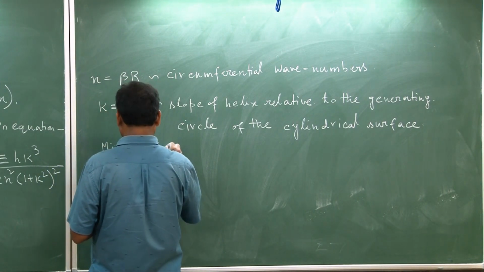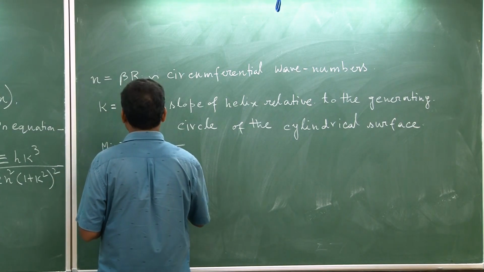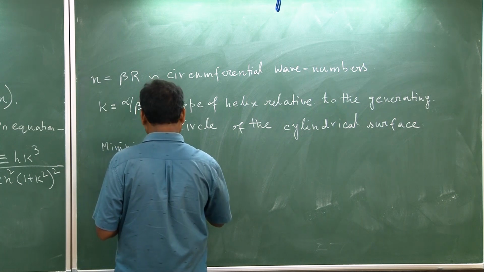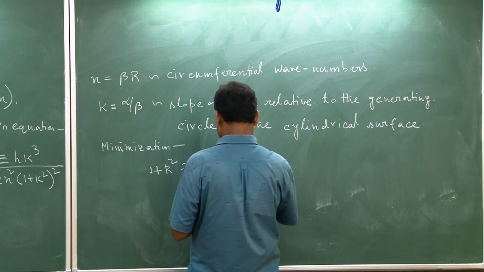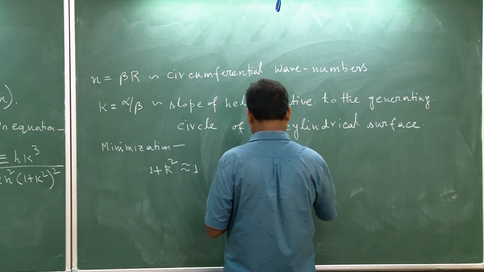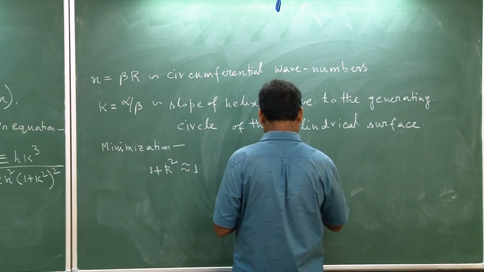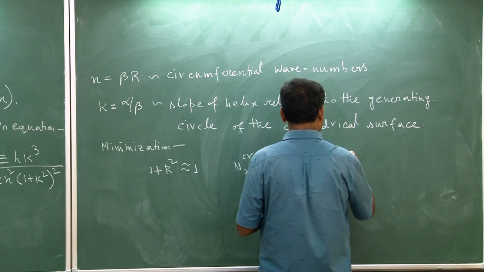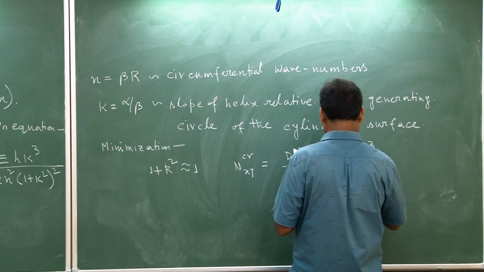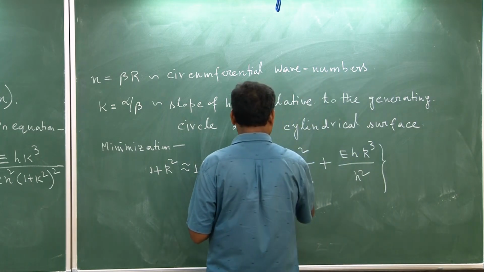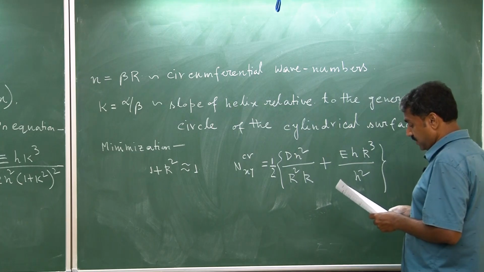By minimization, that is what we want, we will see that there is a condition to be satisfied, this slope of the helix, 1 plus k square is equal to 1, and then you write nxy critical is equal to D n square by r square k plus E h k cube by n square to the power half, okay, if you do minimization.